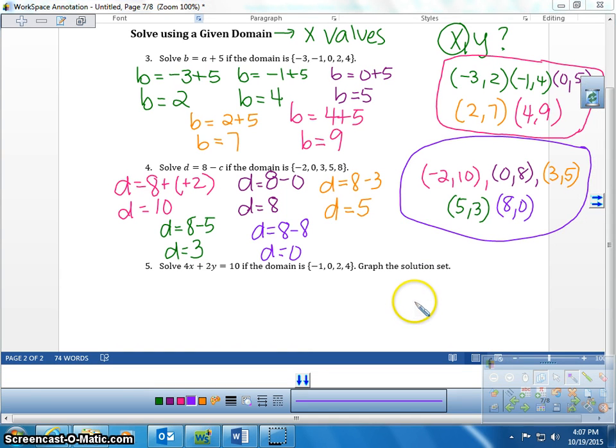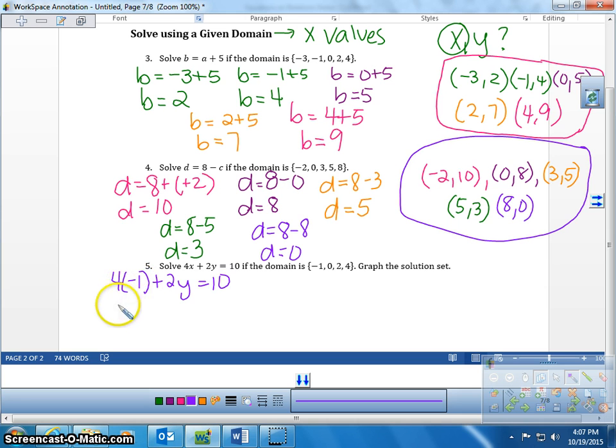The only difference of the next one is that you're going to graph the solution set when you're finished. So if I know my domain is -1, 0, 2, and 4, you're again going to plug these in and you're going to solve it for y. So let's plug in -1. So 4 times -1 plus 2y is equal to 10. And let's solve this for y.